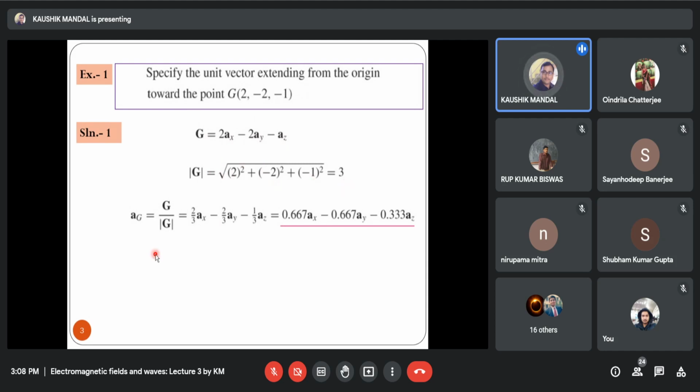So by the equation, what will be the unit vector? The unit vector for the vector G, that's why we have written AG, equals the vector G divided by the magnitude of G. If you calculate it, that will be the corresponding unit vector. In this way, with this simple example, I have tried to illustrate how we can find the unit vector for a particular vector.